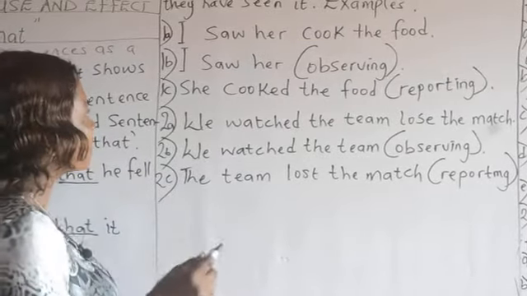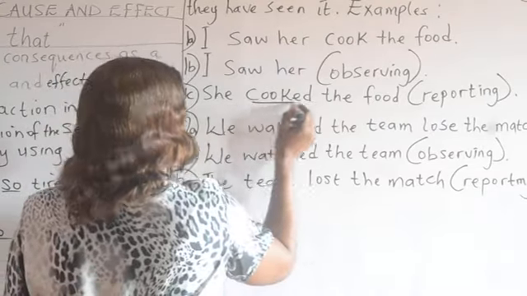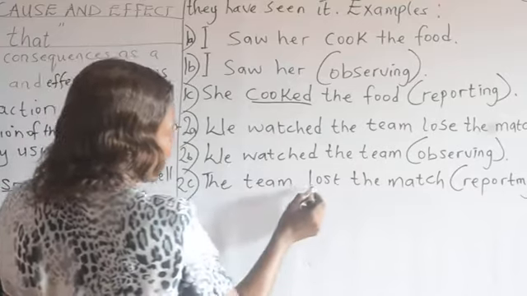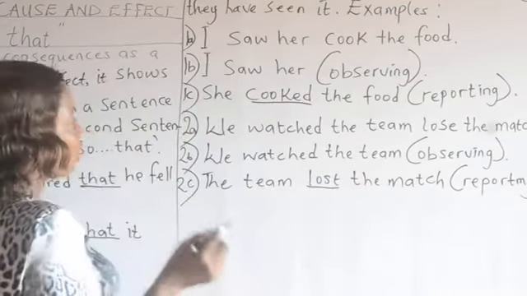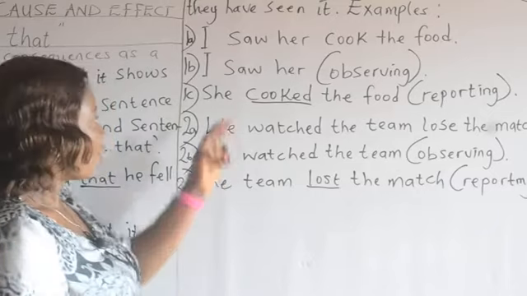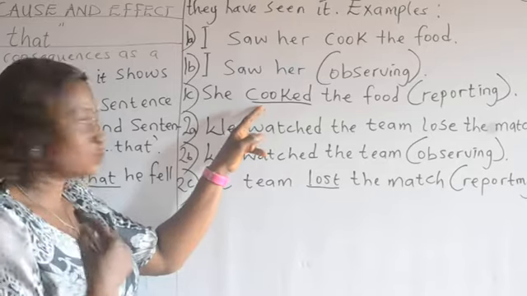I want you to take note of these words in 1C and 2C: cooked and lost. In reporting, the present tense will be changed to the past tense, something that has happened before.